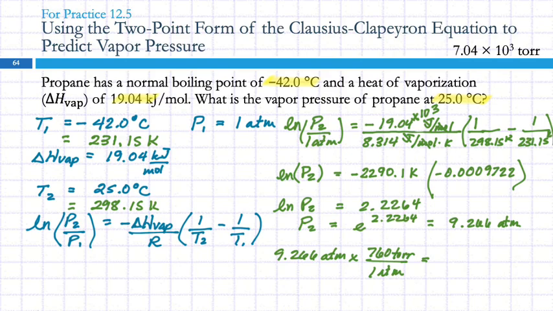So we multiply by 760. 7042 torr, 7.04 times 10 to the 3 torr. Ooh, got it. This line, I don't know what happened there.